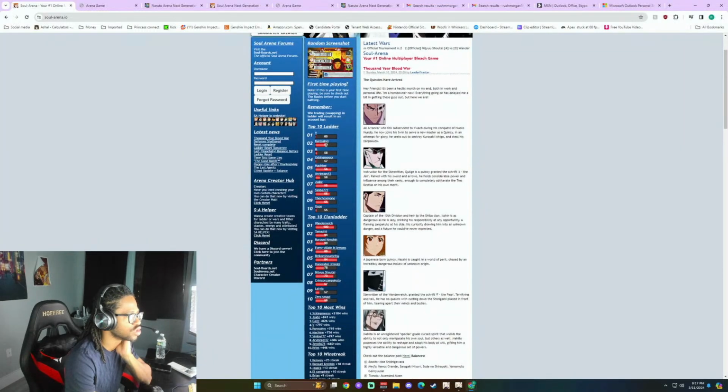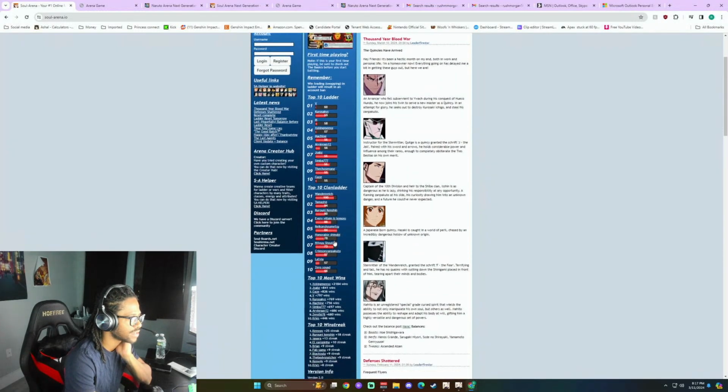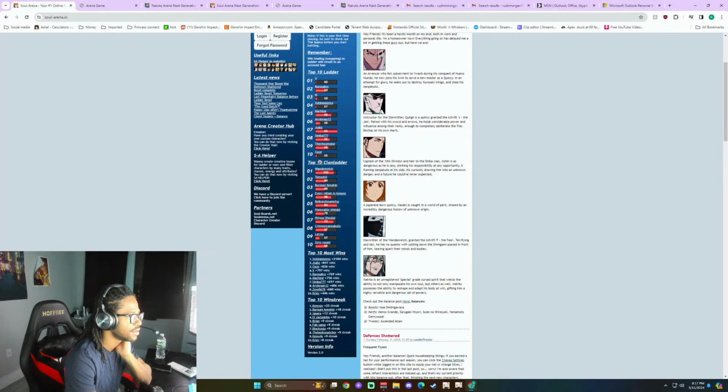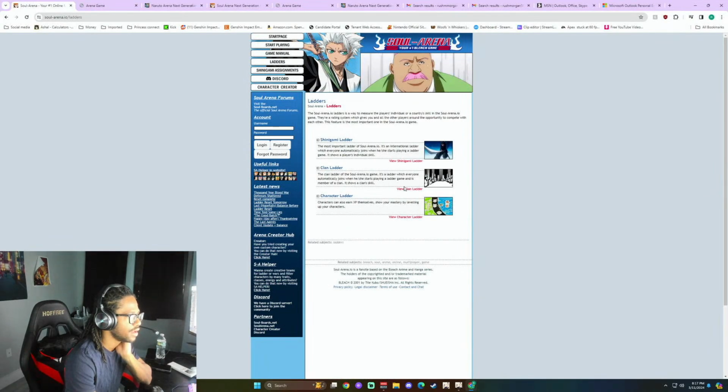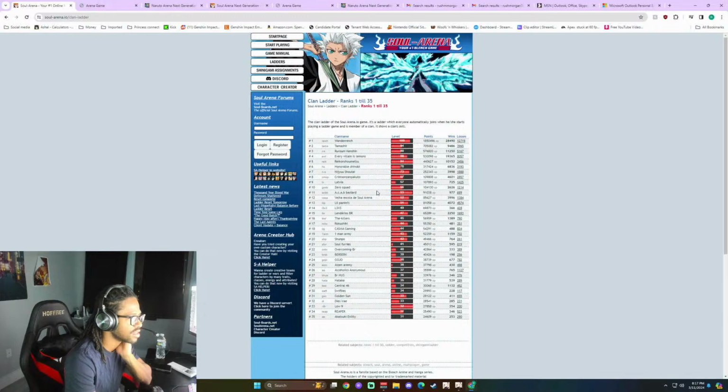This clan was one of the top clans. Oh, Rorain Kenshin was one of the top clans. Ladders. If the top clan ladders are still there, I'll be able to tell.